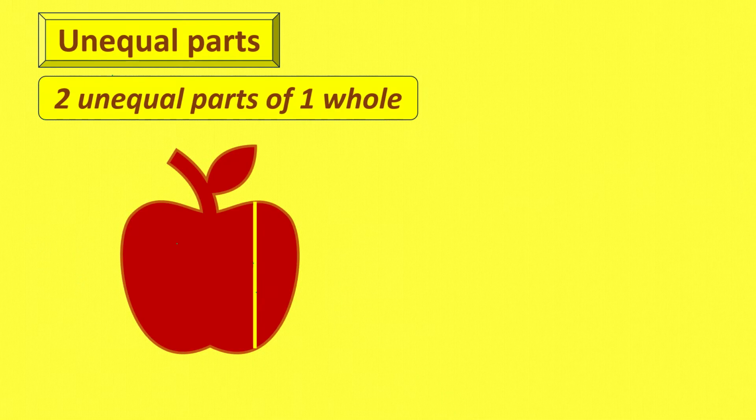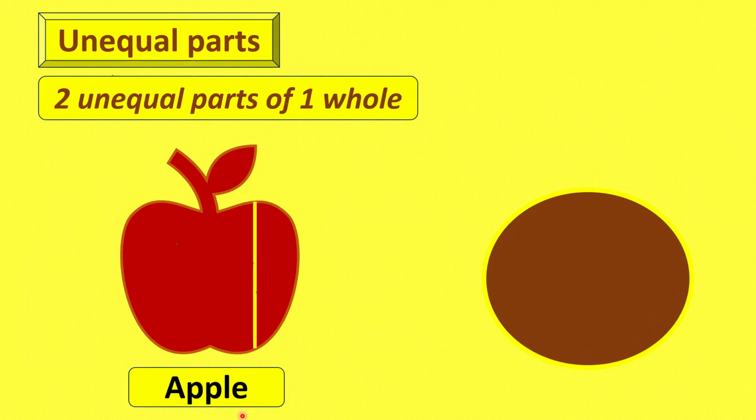Okay, why is partition necessary when we learn about fractions? Because the concept is more helpful there. Now look at the next image. It's an apple, so learn the spelling.